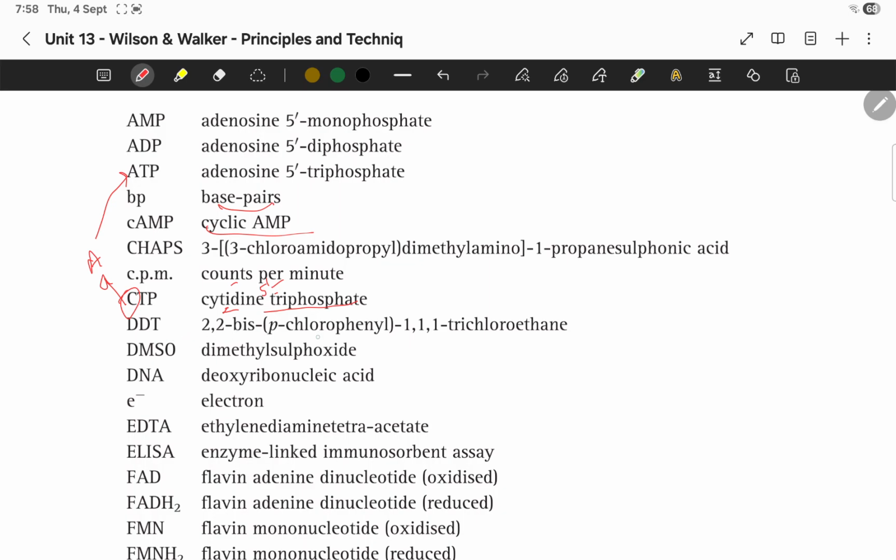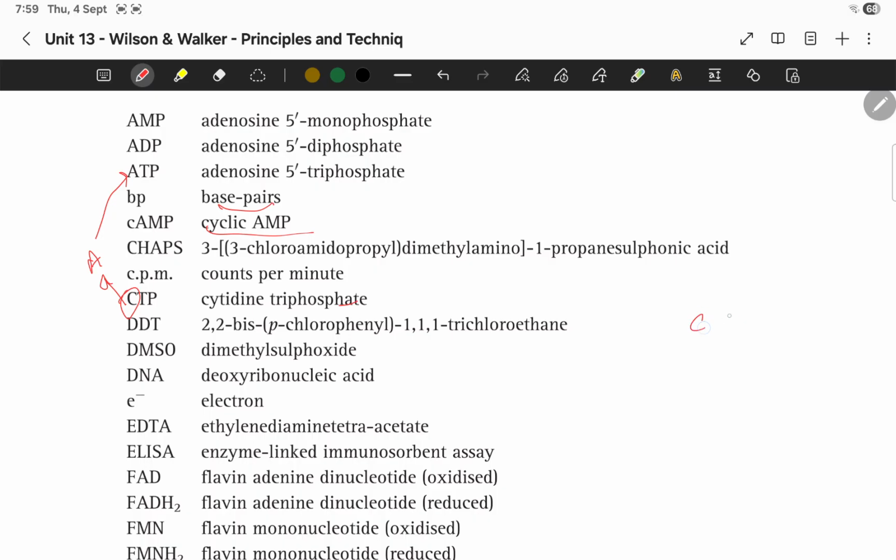DDT, 2,2-bis(p-chlorophenyl)-1,1,1-trichloroethane. There will be a day when I'll remember its structure.